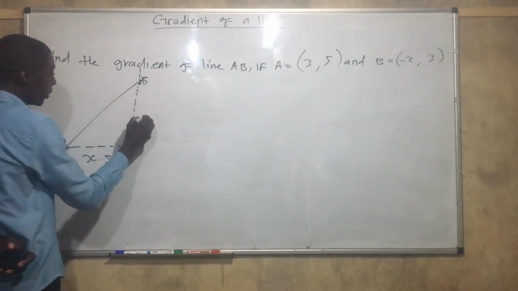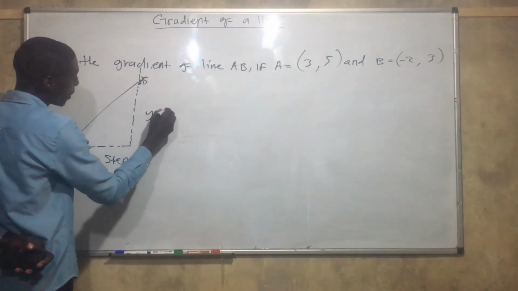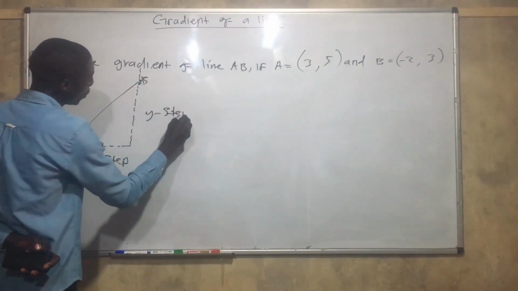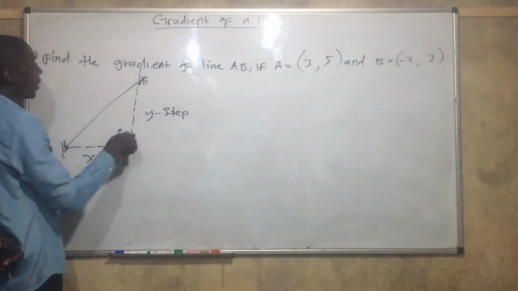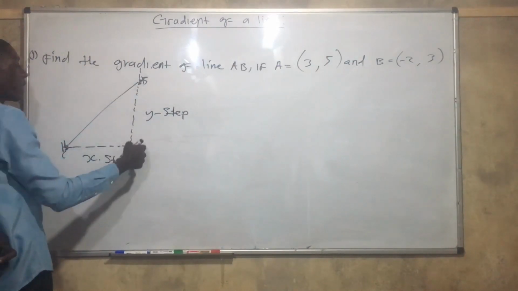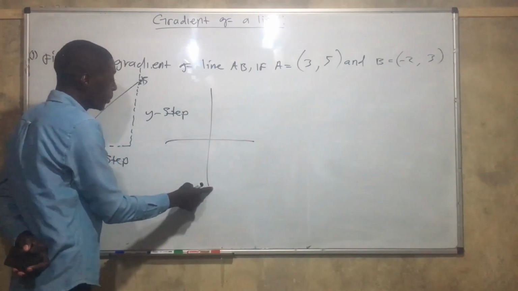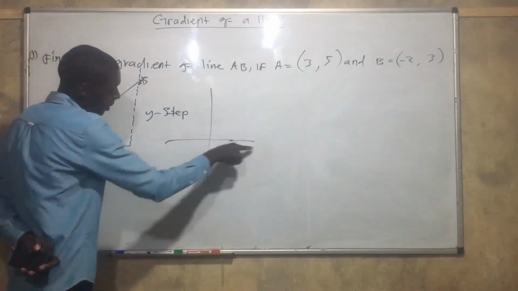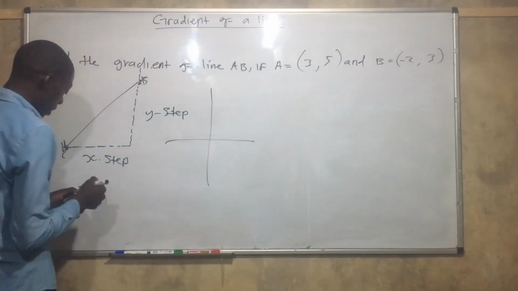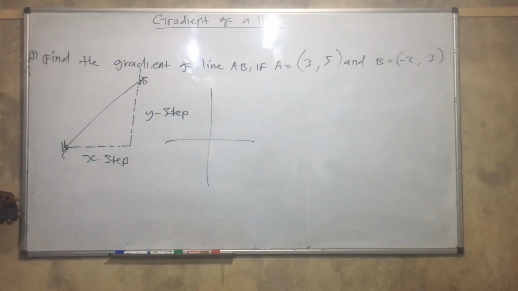Then in the y, it also represents the y steps that we have to move from that point going up there, because we know that on a Cartesian plane like this, the lines in that direction represent the y-axis and the lines in this order represent values in the x-axis.